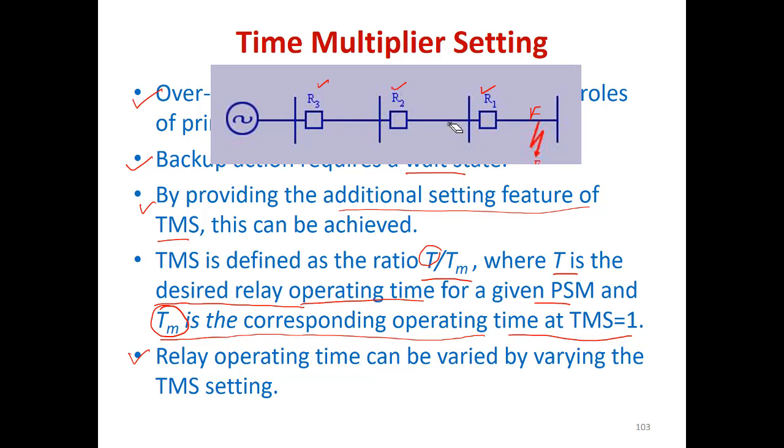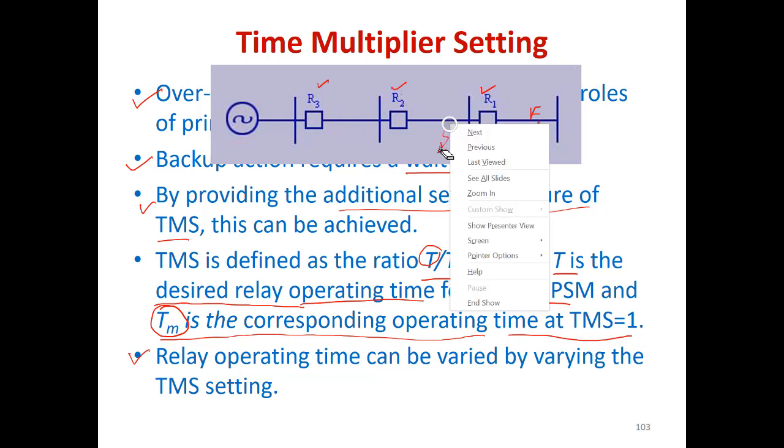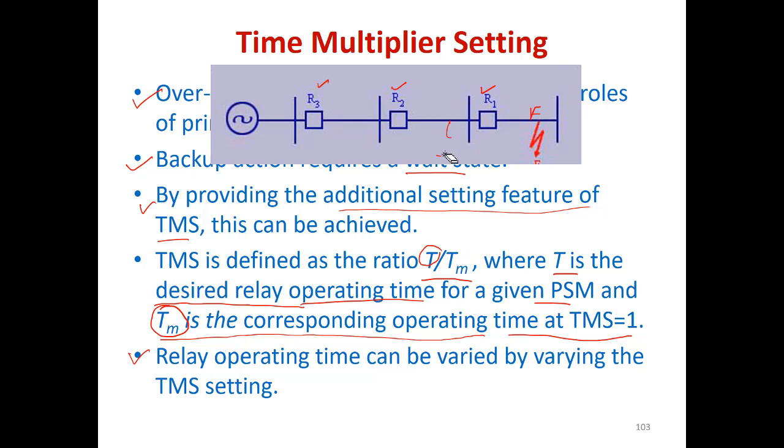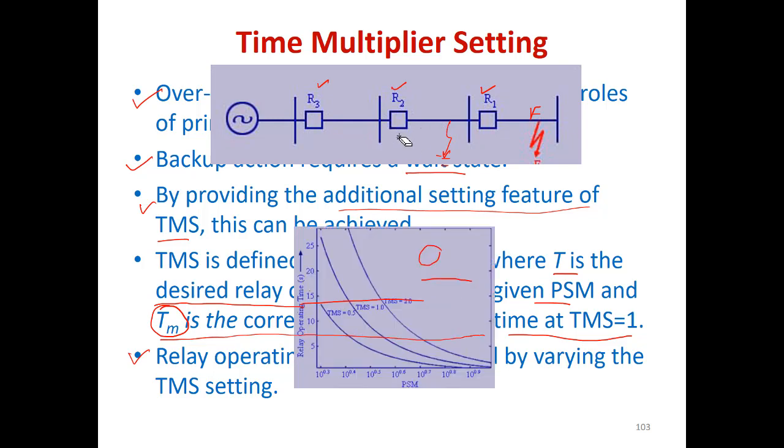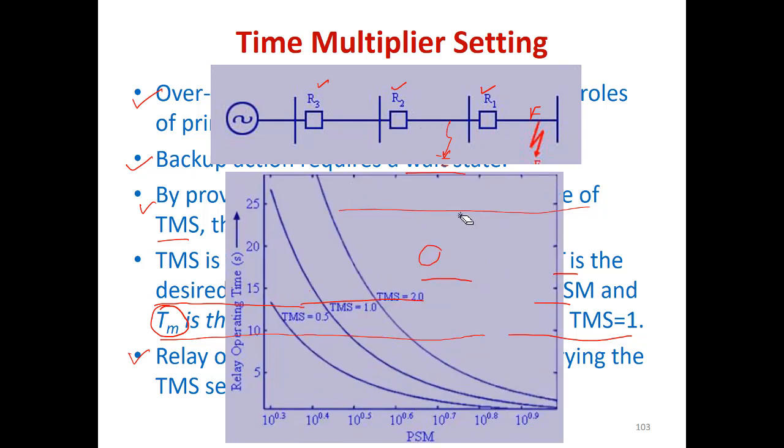And if the fault is here, then R2 will act as the primary relay for this fault, and R3 will act as backup protection for this fault. This is how we decide, and now we can see how the characteristic looks when the TMS is set at different values.